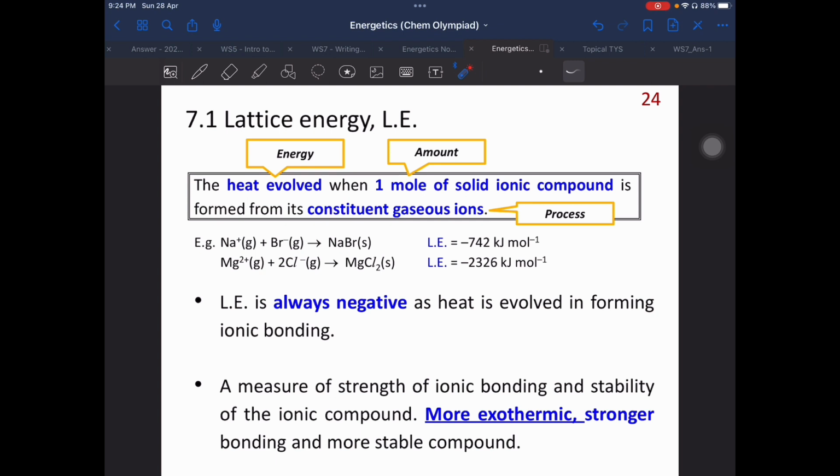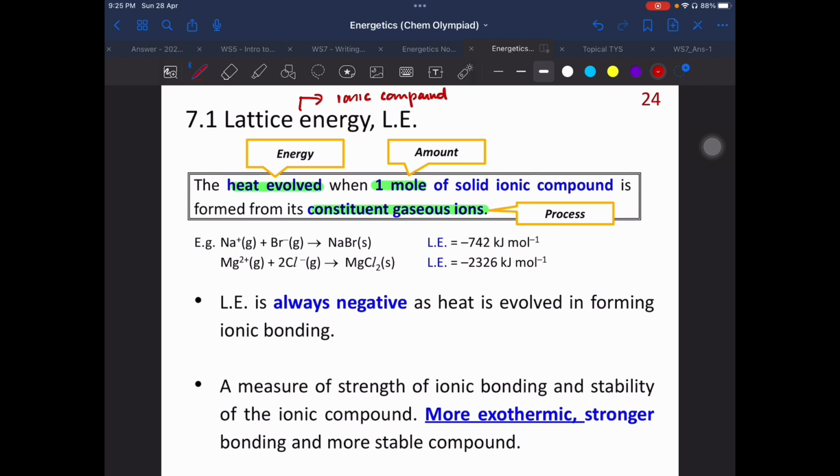Now, lattice, you will recall that you have learned about this before in your ionic compound chapters, the structure of the chemical. So lattice energy essentially refers to the heat that's evolved when one mole of solid ionic compound is formed from its constituent gaseous ions. So be mindful about the conditions that we're looking at, and we're looking at gaseous ions.